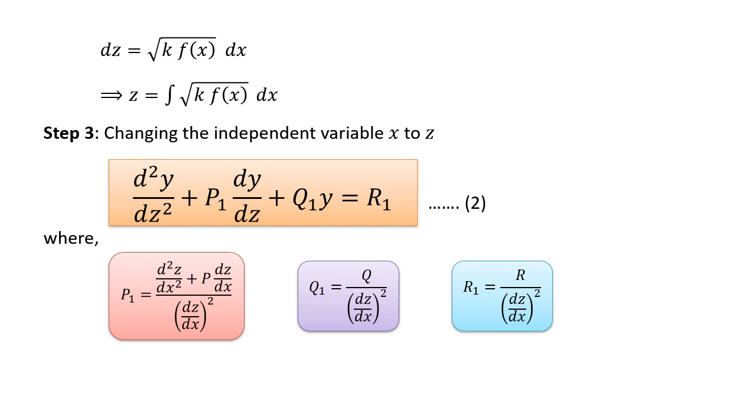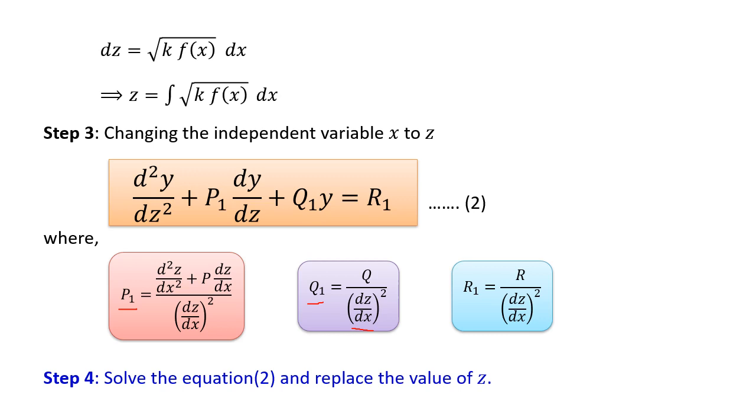So you can observe here, (dz/dx)² is nothing but k f(x), which is the value of q. Therefore, usually q1 we get constant, and if p1 is also a constant, equation 2 reduces to a linear equation of constant coefficients, which can be solved. Therefore, solve the equation 2 and replace the value of z.